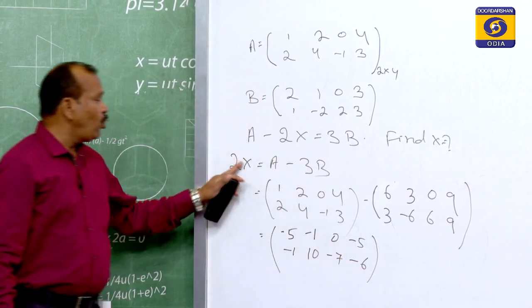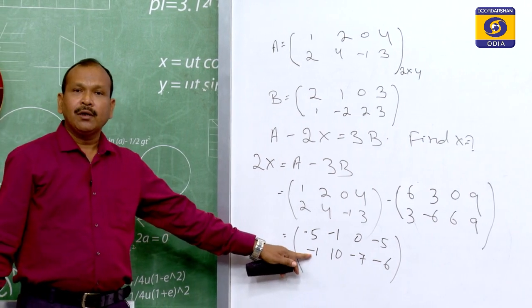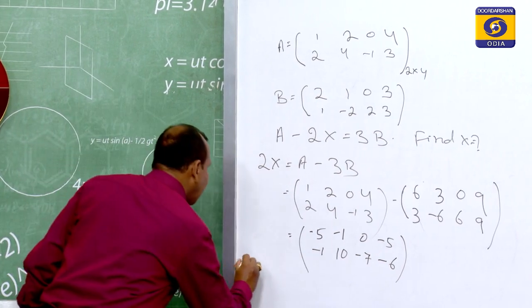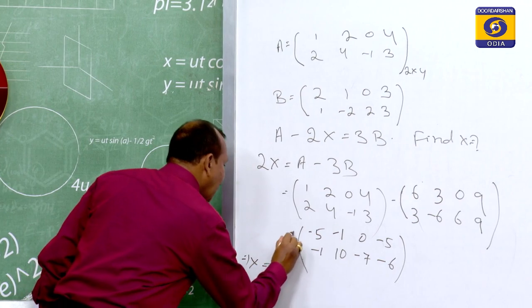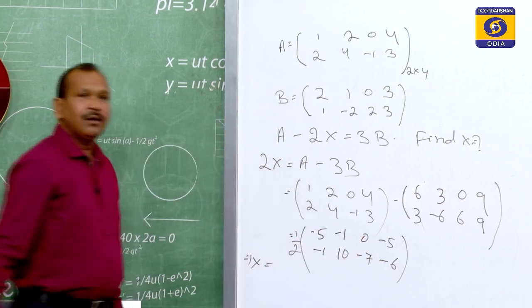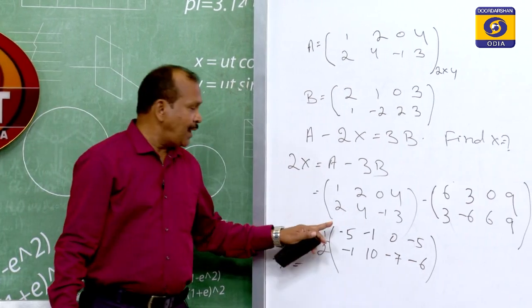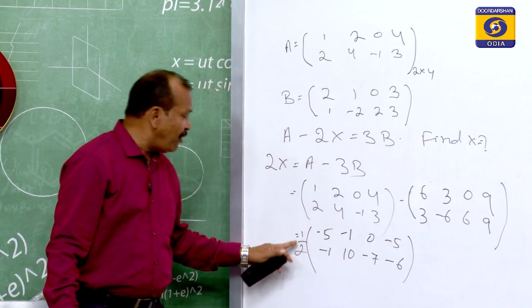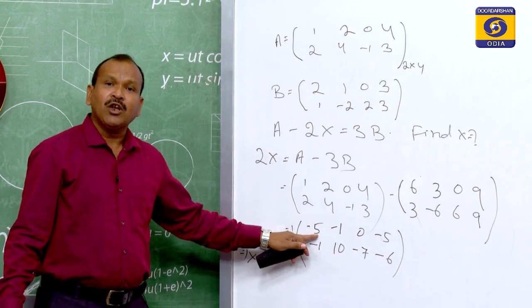Then we have 2x is equal to this one. This implies that x becomes half times this one. Now half is a scalar and this is a matrix, so half is multiplied in each term of the matrix.